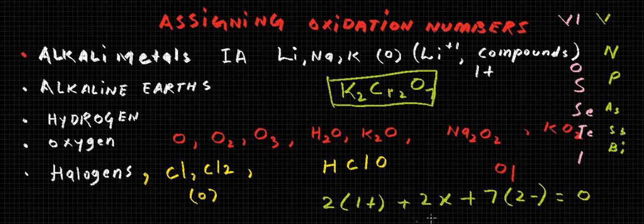So we have to find the value of x. If we calculate that, it will be 2 plus 2x minus 14, which comes out to be x equal to positive 6, which will be the oxidation number of chromium. So this is how we calculate all these.